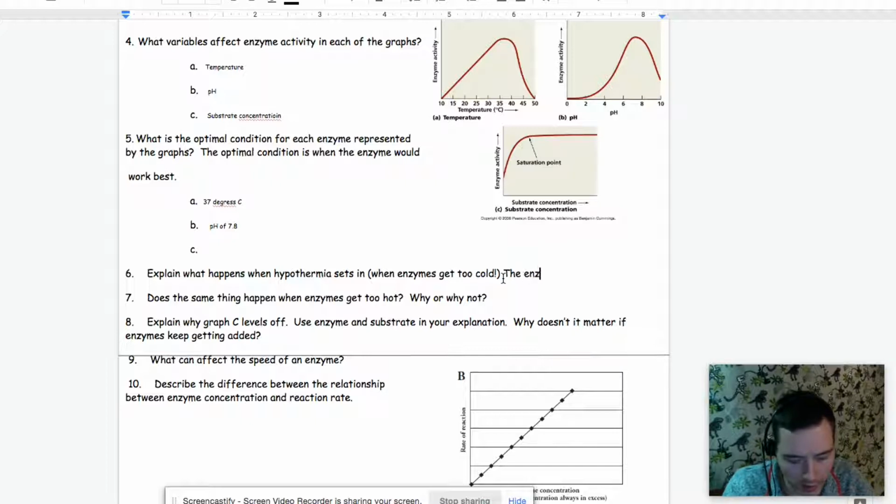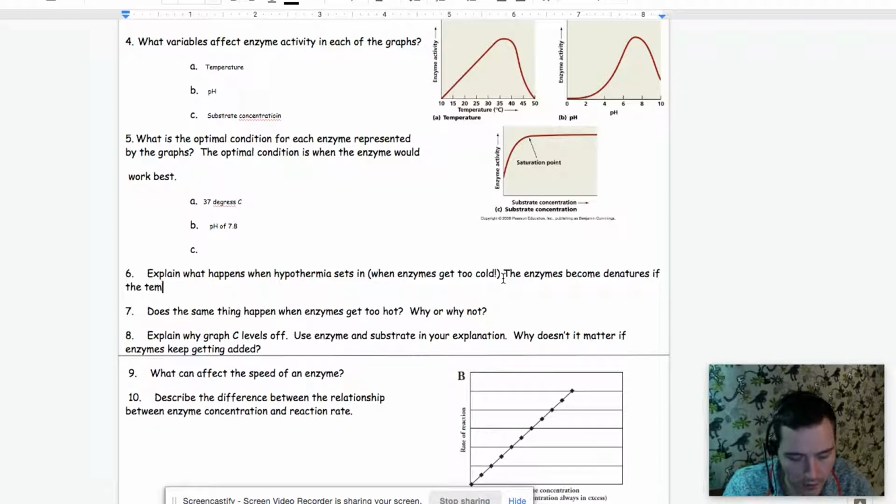The enzymes become denatured if the temperature changes drastically. Same thing with a fever. So the opposite way as well. If you get a fever, same thing's going to happen. Enzymes become denatured and they won't work as well, which is why you don't feel well.